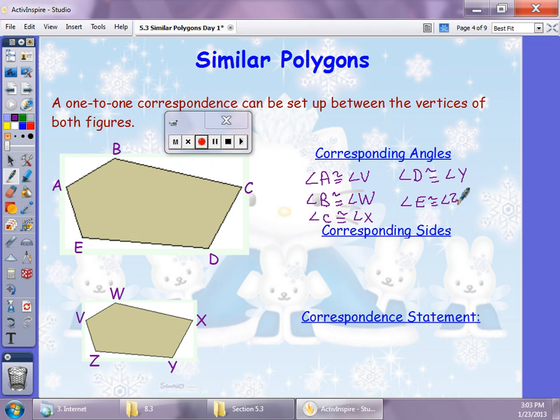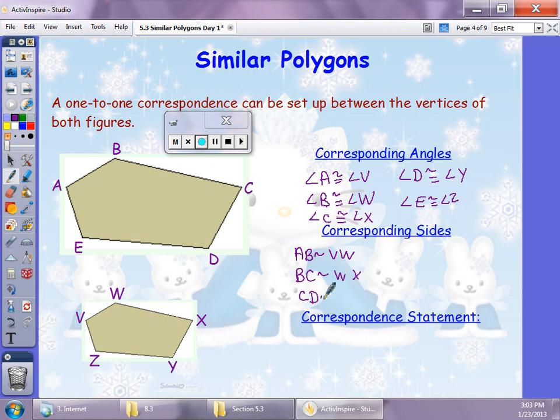For our corresponding sides, we know that side AB is going to be similar to VW. And notice that I use what we call a squiggly or a tilde. That indicates that they are similar and proportional, but not necessarily congruent. The second corresponding sides that we're going to look at are BC, which is similar to WX.